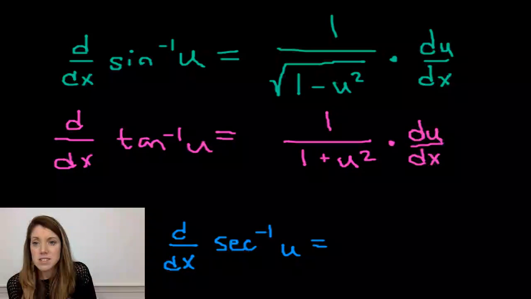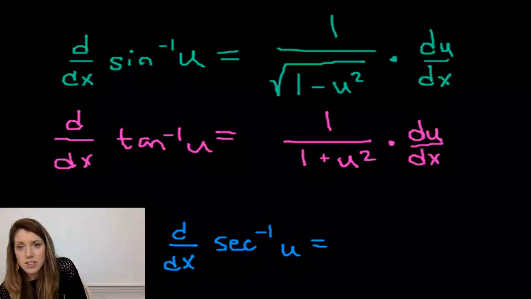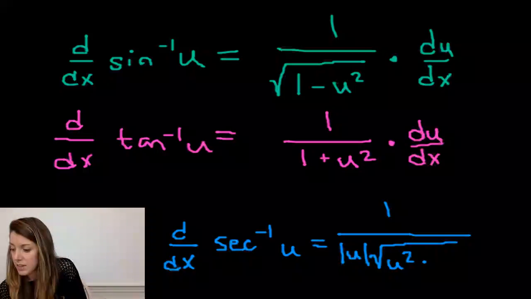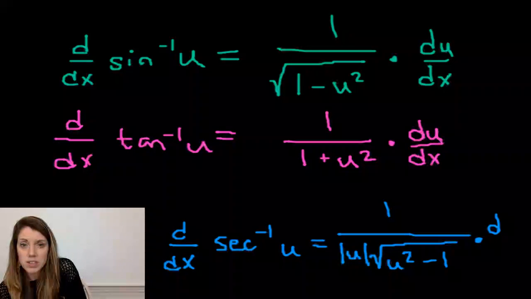Last but not least, the inverse secant function. And this one's kind of fun because it involves the absolute value, which is interesting. So it's 1 over the absolute value of the function, whatever u is, times the square root of u squared minus 1, times the derivative of what's inside, du dx.